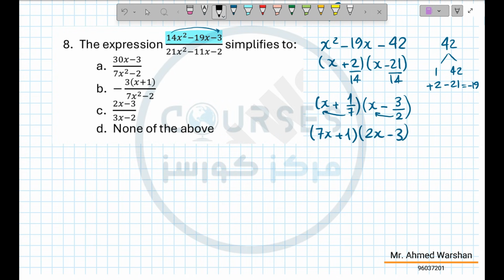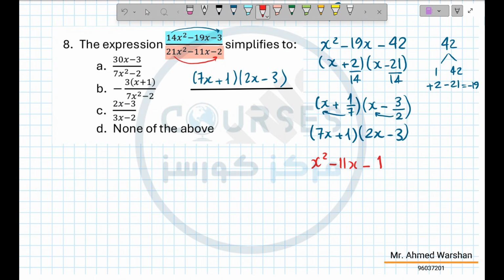So our numerator here is 7x plus 1 times 2x minus 3. Now we need to factor this one also using slide and divide. So x squared minus 11x, 21 times negative 2 is also negative 42.